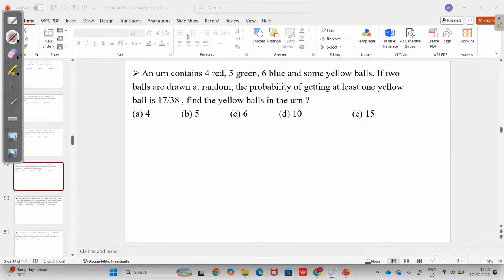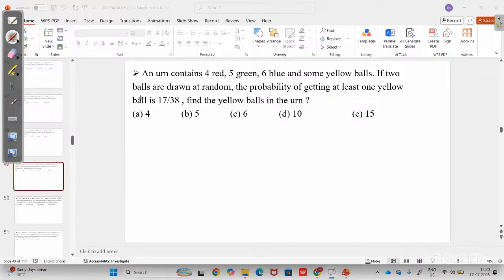If 2 balls are drawn, what is the probability of getting at least one yellow? What do you mean by at least one yellow? One or more. How many yellow balls are we having?